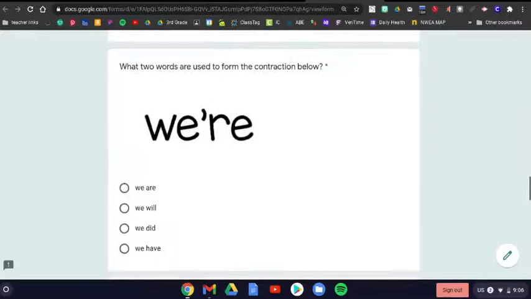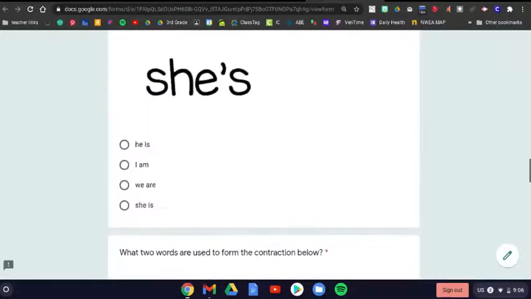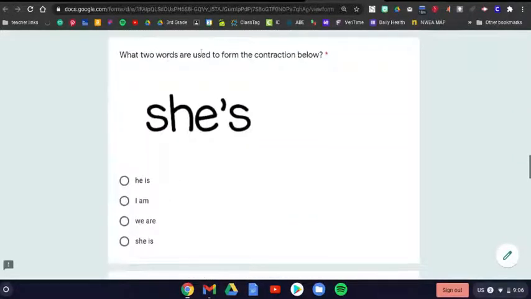You have some questions that look like this. And it's going to say what two words were used to make this contraction. So this word is she's. Your choices are he is, I am, we are, or she is. Which one of these is she's? What two words make she's?